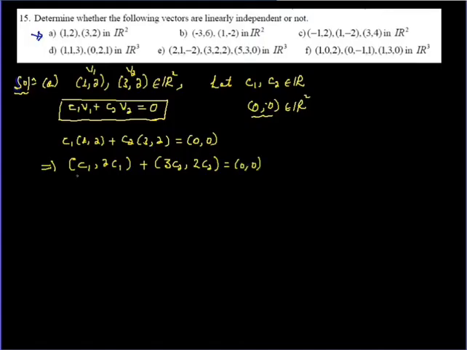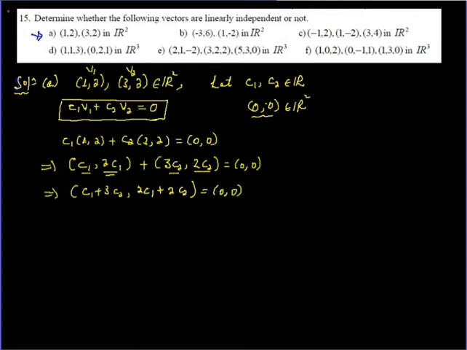Adding the two vectors, this means c1 plus 3c2, and 2c1 plus 2c2, is equal to 0, 0.